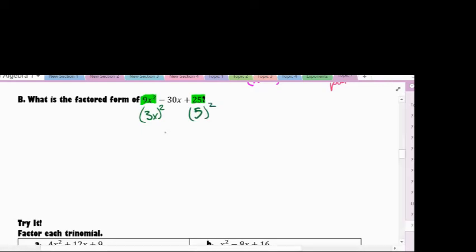Does the middle term equal 2 times a times b? Well, 2 times 3 is 6, times 5 is 30x, and we know that that is negative in the middle, so we know we're going to have negative on our final answer. So this was true, and we have (3x minus 5) squared.